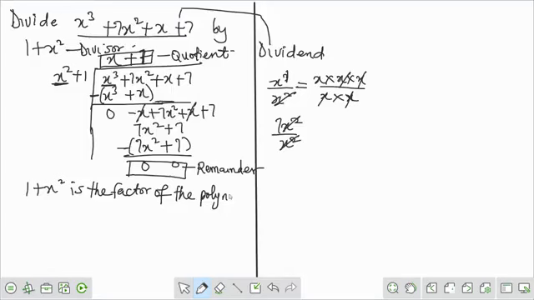Though the question doesn't ask us that, I just have to add that. So it's the factor of the polynomial. So that's just it. So let's continue.